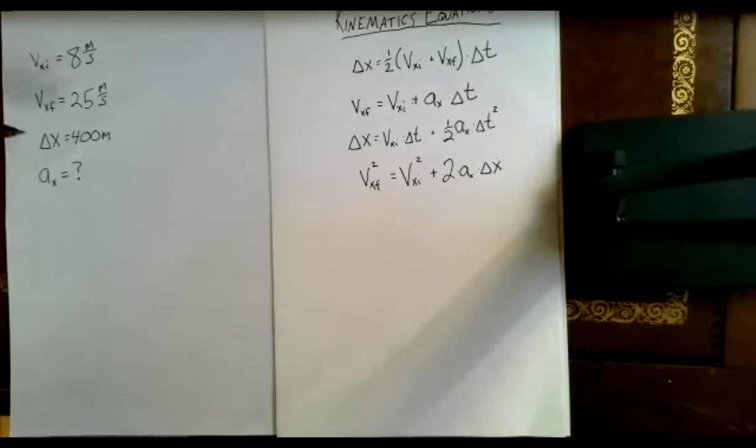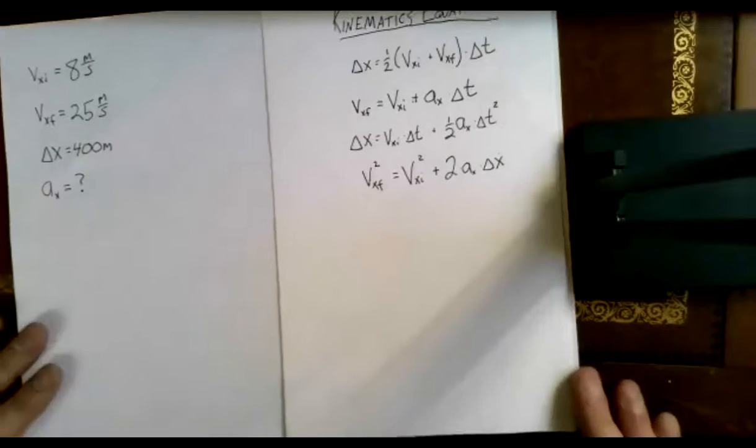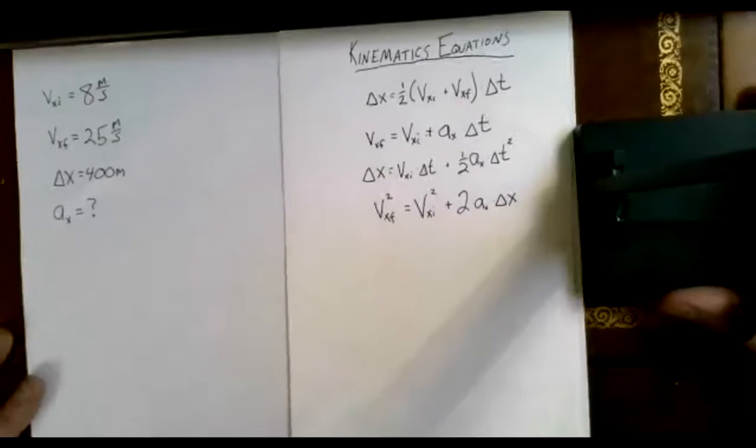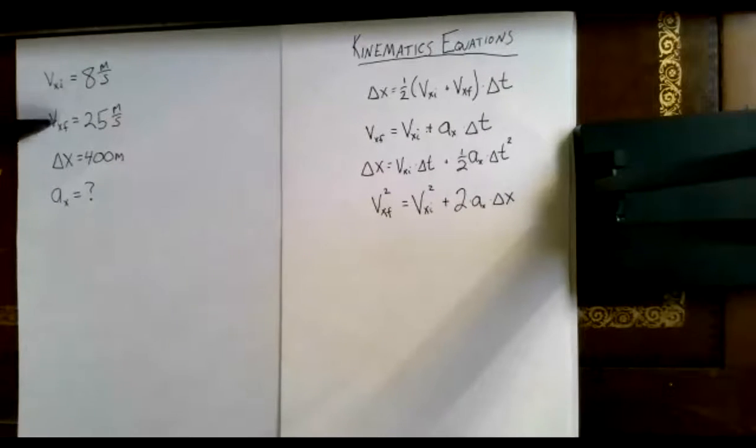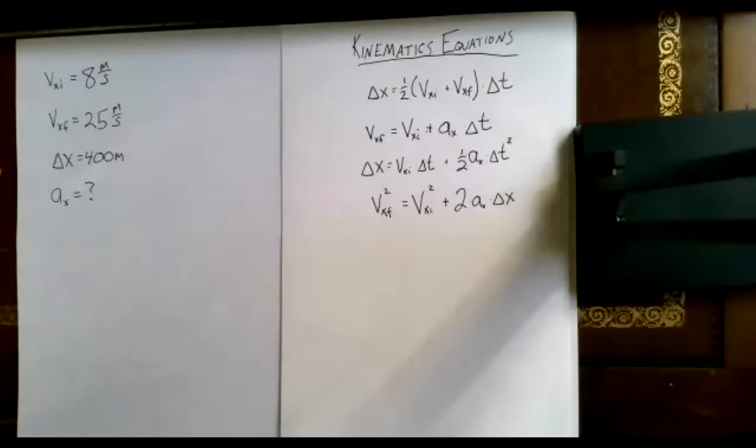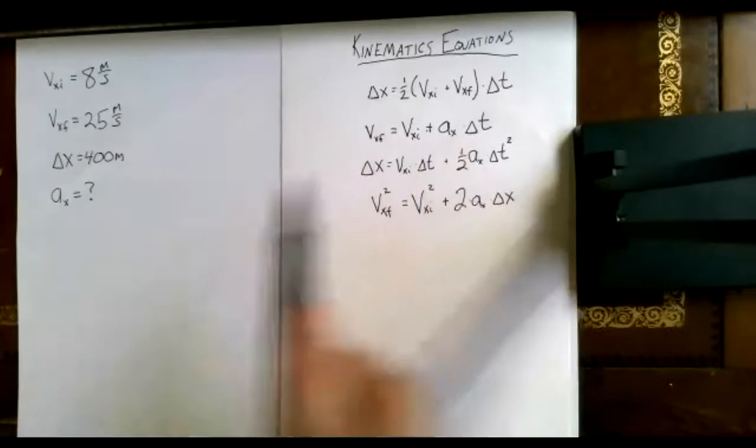All right, so we've got VXI, VXF, delta X, and AX as our givens and unknowns. So which kinematics equation would we use to solve this? Which one has exactly those 4 quantities in it? Not the second one, because the second one has time instead of displacement.